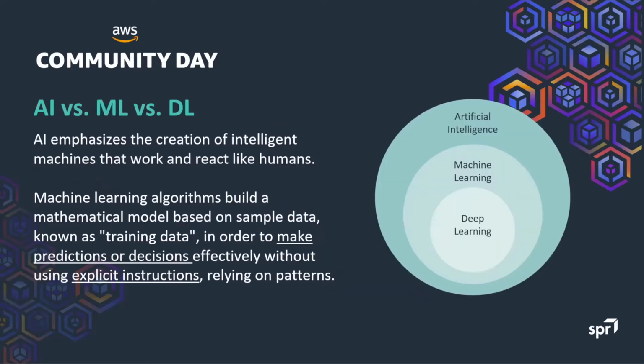So most people, when they think about machine learning, everyone knows artificial intelligence. So I wanted to differentiate between them quickly, so I'll make sure everyone is on the same page.